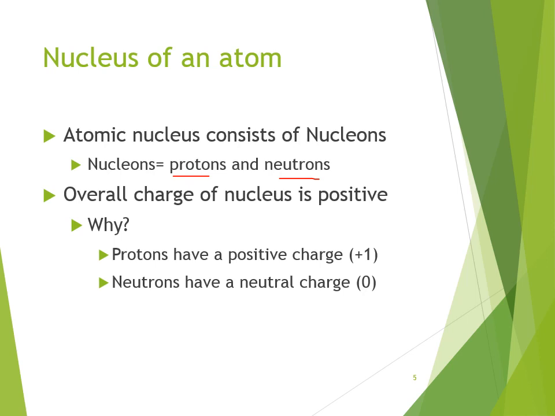They are also referred to as nucleons. This makes the nucleus a positively charged center. Why? Let's look at what it consists of. The nucleus has protons and neutrons in it. Protons are positively charged, and neutrons don't have a charge. So overall, that's going to make that center, that nucleus, a positively charged center.